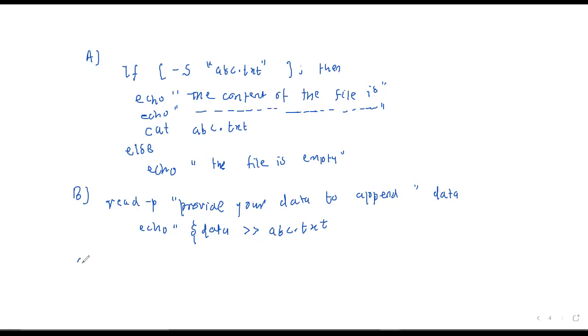Next is to overwrite the content. So again we use read, then we use dash p, and we write provide your data or file which has to be overwritten, data to overwrite. So again, we have the same variable, and the conditions are different.